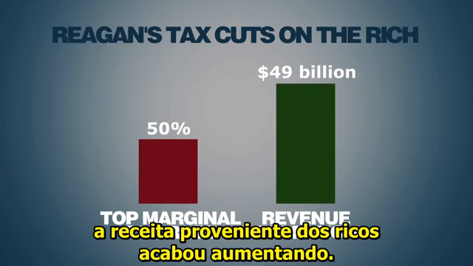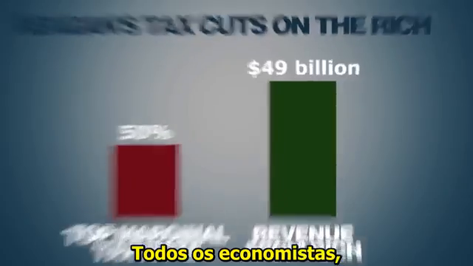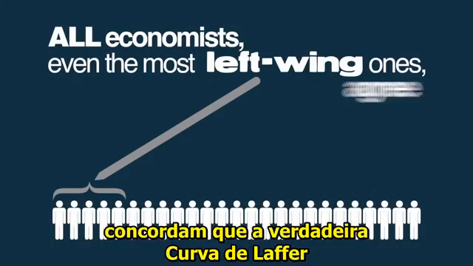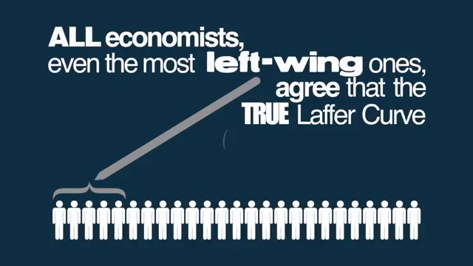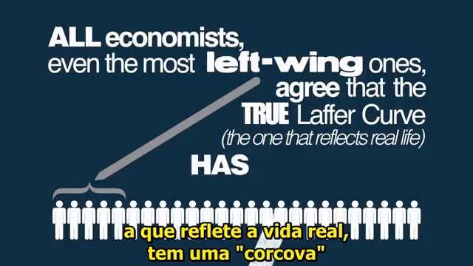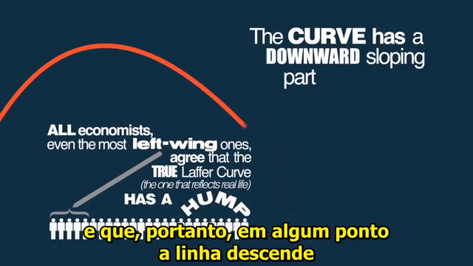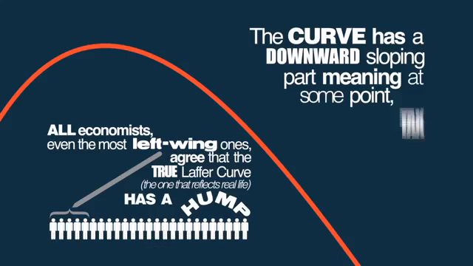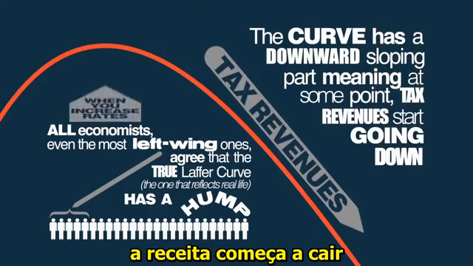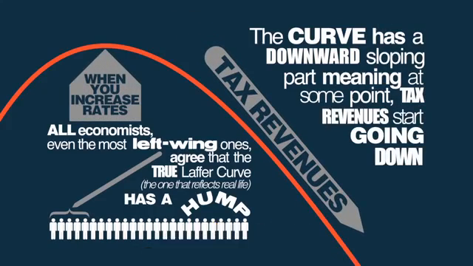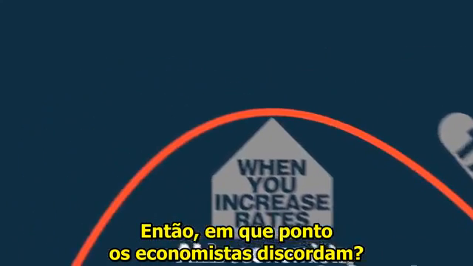All economists, even the most left-wing ones, agree that the true Laffer curve, the one that reflects real life, has a hump. Now, therefore, the curve has a downward sloping part, meaning at some point, tax revenues start going down when you increase rates. So where then do economists disagree?